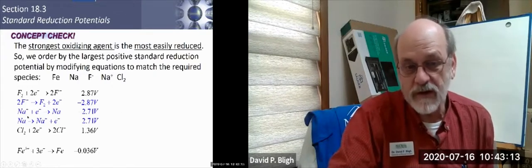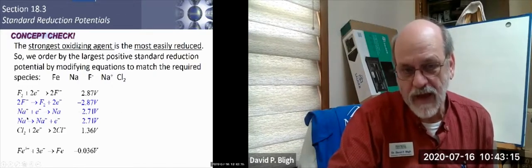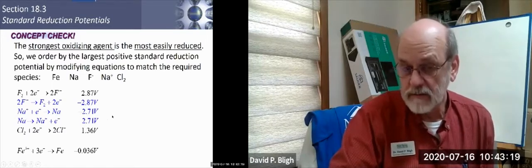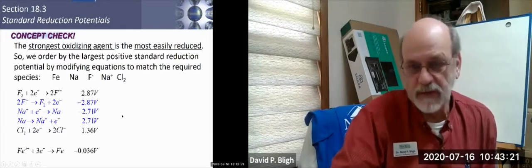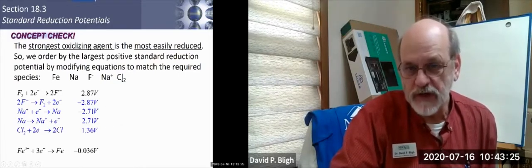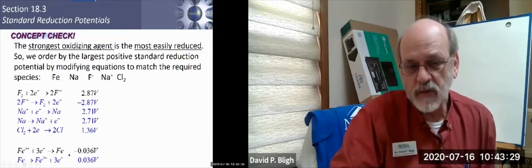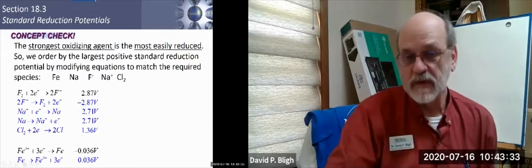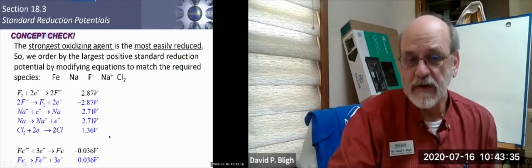Okay, so now we've got both of them, sodium ion and sodium metal, so we've got these to compare. That's why I put them in blue, so we wouldn't mix them up. That one has to be reversed because we're looking at this one as a reactant, and this one has to be reversed for iron to be a reactant. Now we can put them in order. The largest, most positive would be sodium.